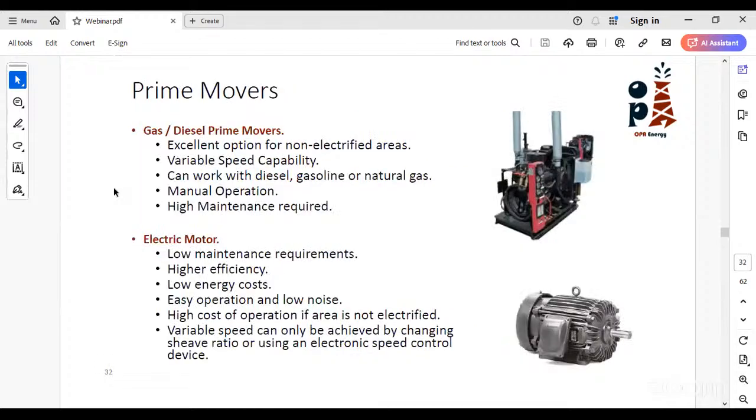The second thing is the prime mover, and it can be an electric, gas, or diesel prime mover. The advantage of the gas or diesel mover over the electric motor is that it can run at different speeds, so you can run your PCP at different speeds without the need for the sheaves or belts. But in case you are using an electric motor, you are limited by the frequencies that you have in your area.